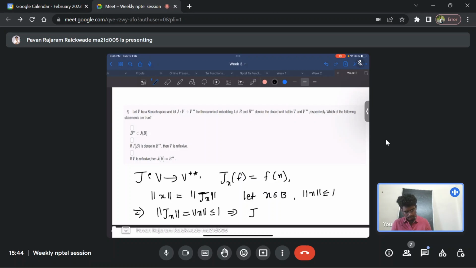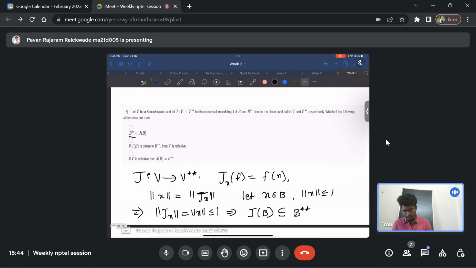Hence J of B is always contained in B star star. But the reverse inclusion is not always true. Actually, the reverse inclusion is true if and only if the space is reflexive. So this is wrong.